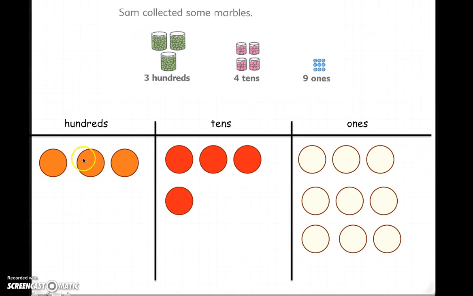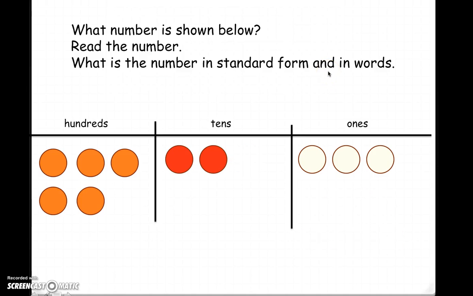And this is another 100 and a third 100. So if you want to picture these in your mind as you're adding up the numbers on the place value chart, that could be helpful for you. So we have 300, 4 groups of 10, and 9 ones. So in our mind, we really know it's 3 groups of 100, 4 groups of 10s, and 9 ones.